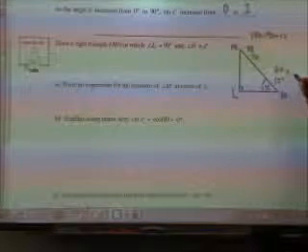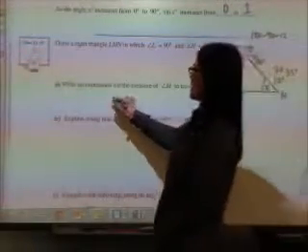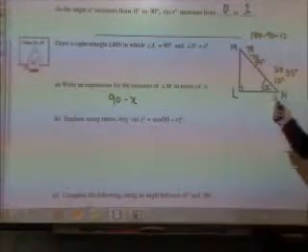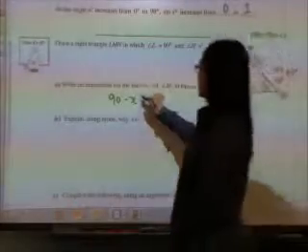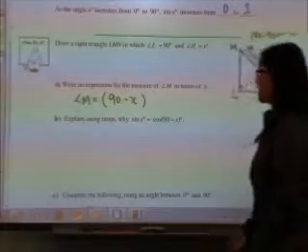If this was 35 degrees, if I take 35 degrees off of 90, I'm left with 55, and so on. So what did I do? I took 90 degrees, and I took off whatever that measurement of x was that I was given. I just don't know what x is. So I can say that angle M equals 90 minus x.